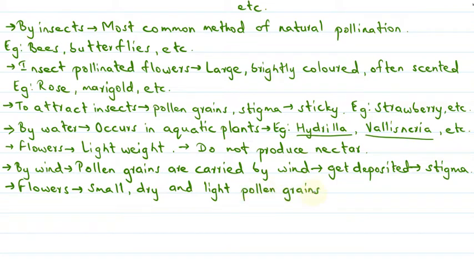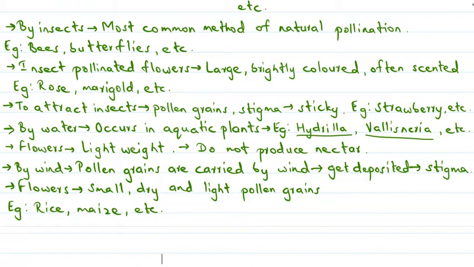Okay, so their pollen grains are dry and light, which can be easily carried by wind. For example, this type of pollination can be seen in case of rice, maize, etc. Okay, so this was about the natural pollination.